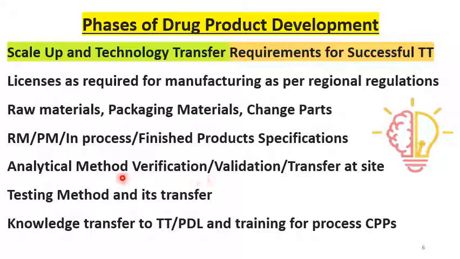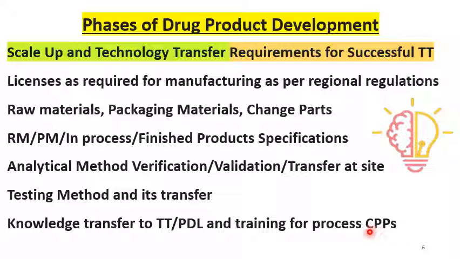If required, method verification is done, validation is a must, and method transfer is required at the site QC. That is, the testing method and its transfer are required. Then knowledge transfer to TT or PDL and training for the process.